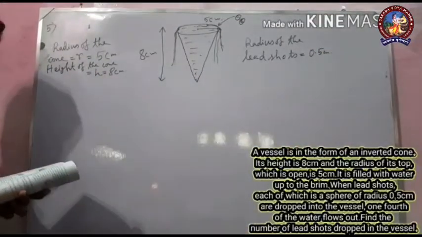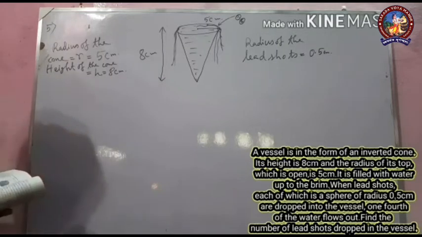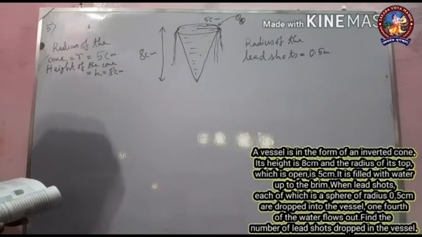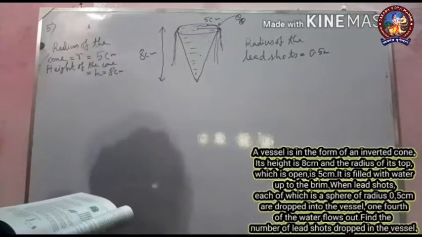Now, they have said that 1/4 of the water flows out if I drop the lead shots in the cone.